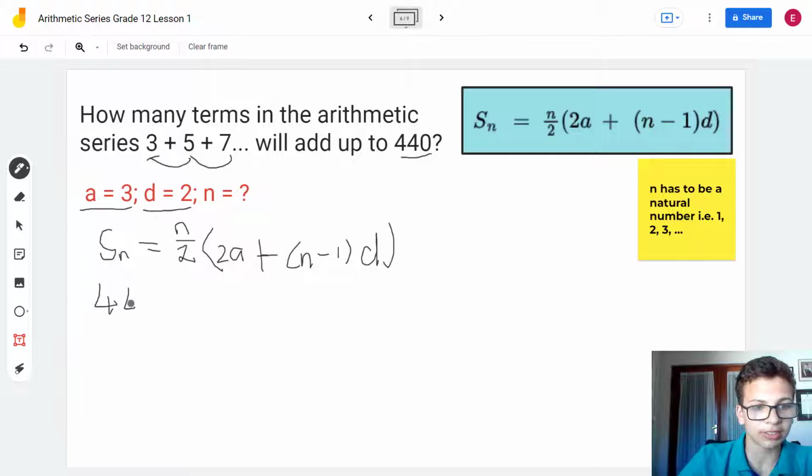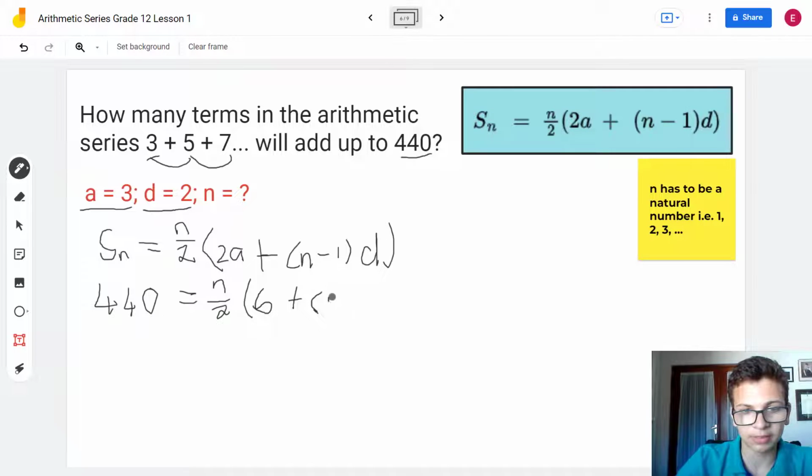Sn is 440, right? We're given that the sum is 440. Then n over 2, and we have 2a, which will be 2 times 3, which is 6, and n minus 1, n is our unknown, and d is 2.